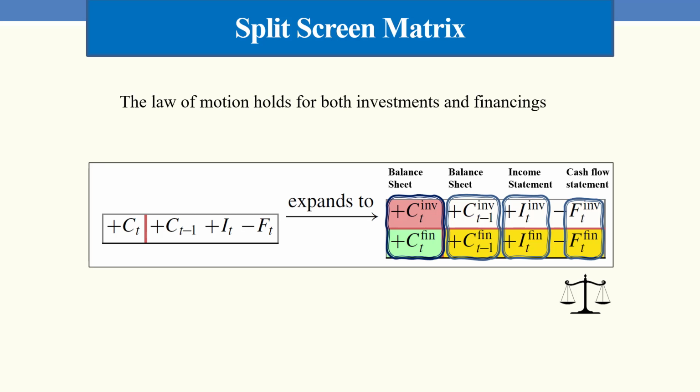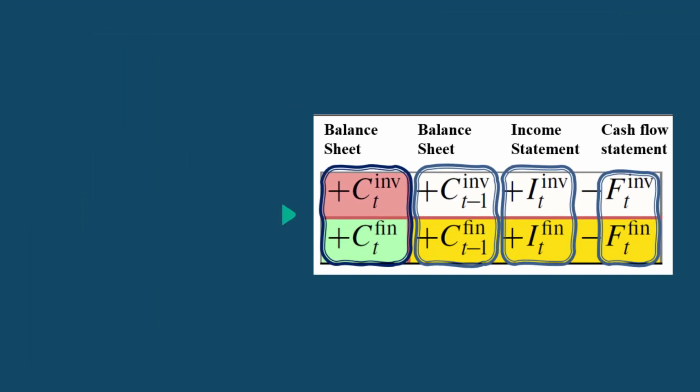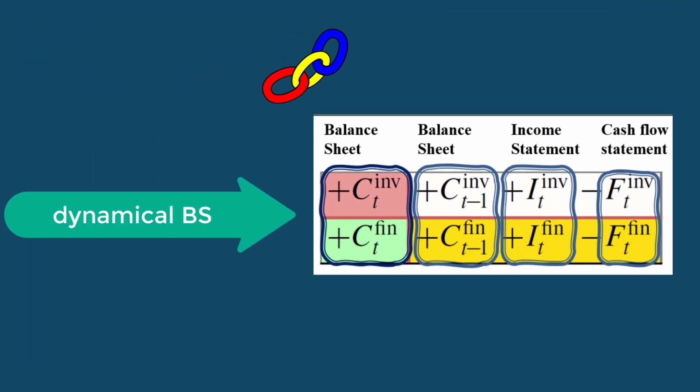The split screen matrix integrates the 3 financial statements, and given that it chain links 2 consecutive balance sheets, we can say that the split screen matrix gives voice to a dynamical balance sheet. And we can say that the law of motion expresses the relations among the balance sheet, the income statement, and the cash flow statement.